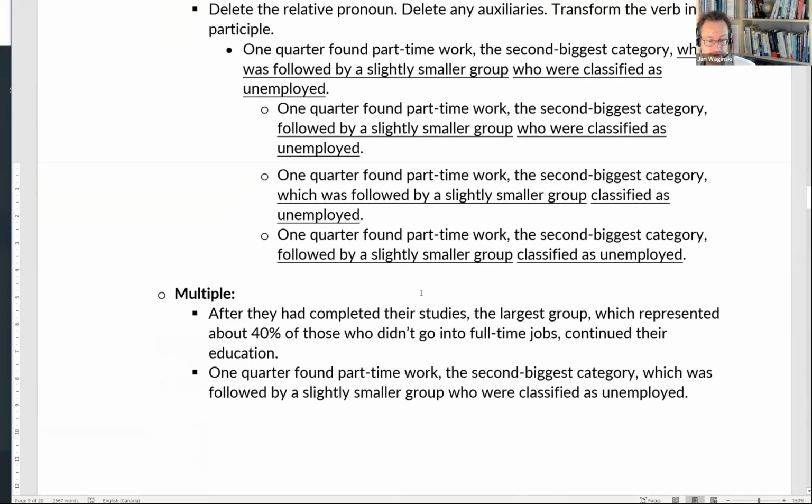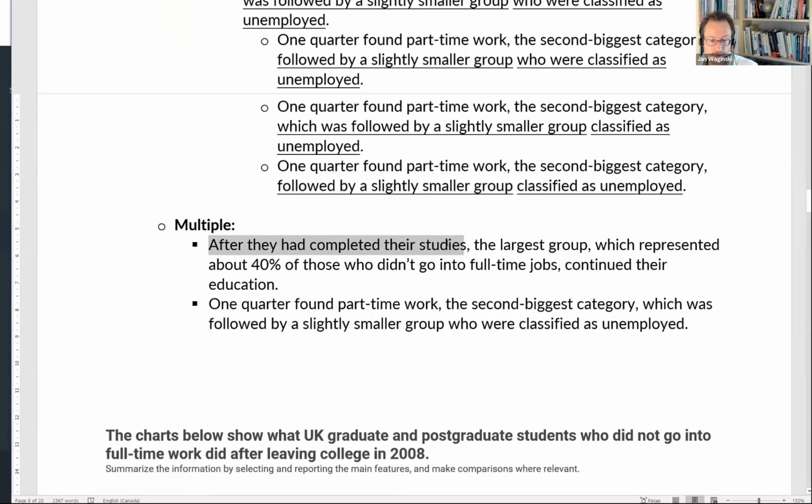Okay, let's take a look at these ones. After they had completed their studies, the largest group, which represented about 40% of those who didn't go into full-time jobs, continued their education. I'm going to post this one in the chat. And I'd like you all to transform it. Okay, let's see what you do. And let's very quickly parse these.